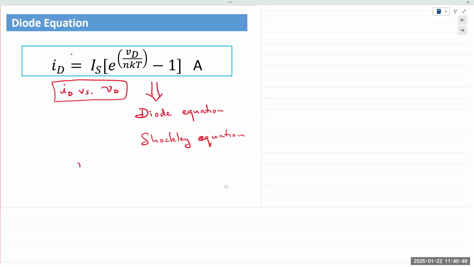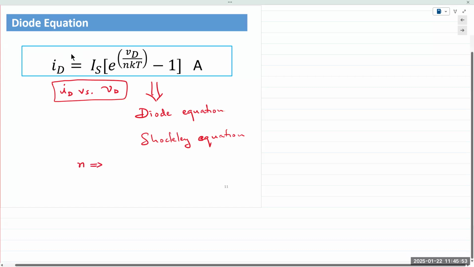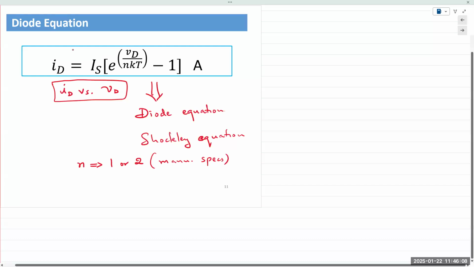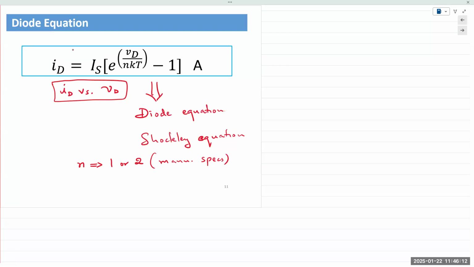N is a factor that describes the non-ideality of the diode. It's typically 1 or 2, and it's given by the manufacturer. Typically, it's always 1. In most of the equations, we always take it as 1, unless the diode manufacturer specifies it's 2.